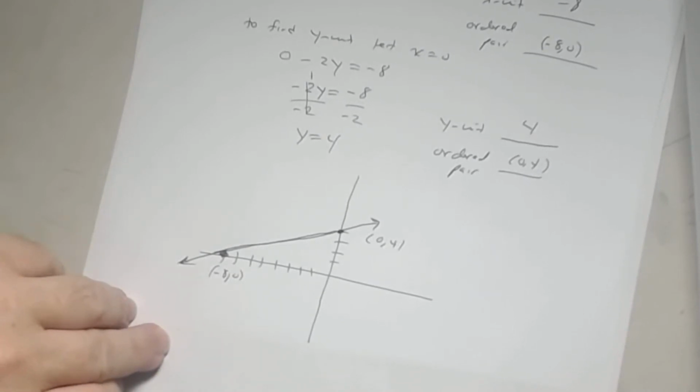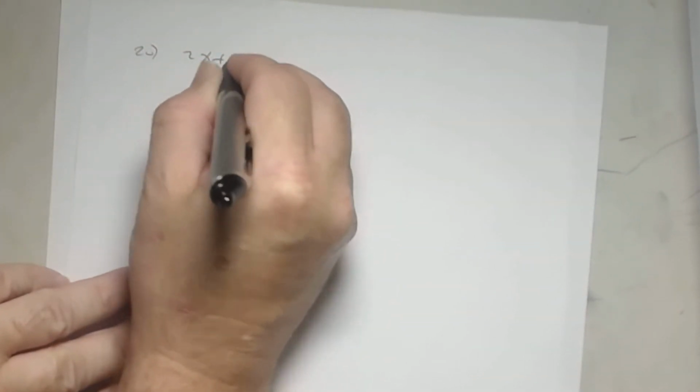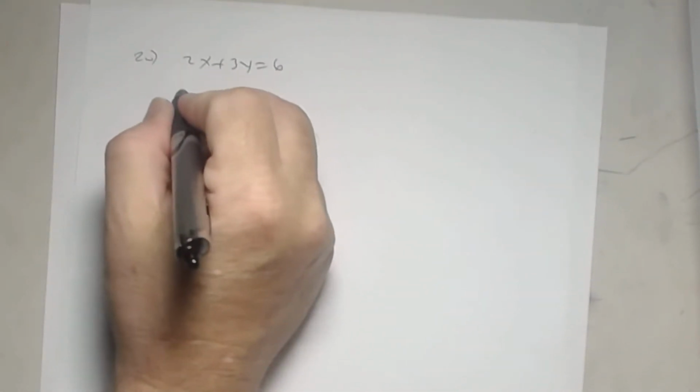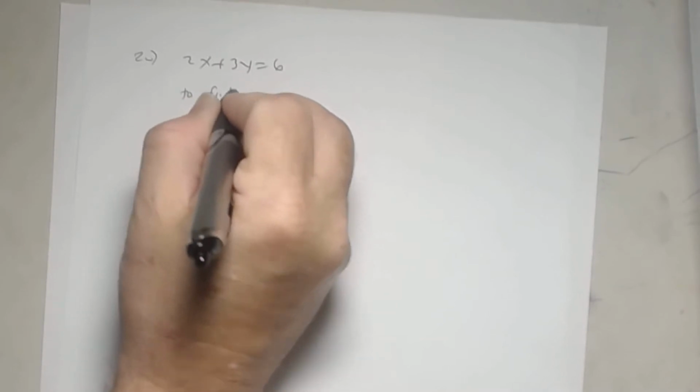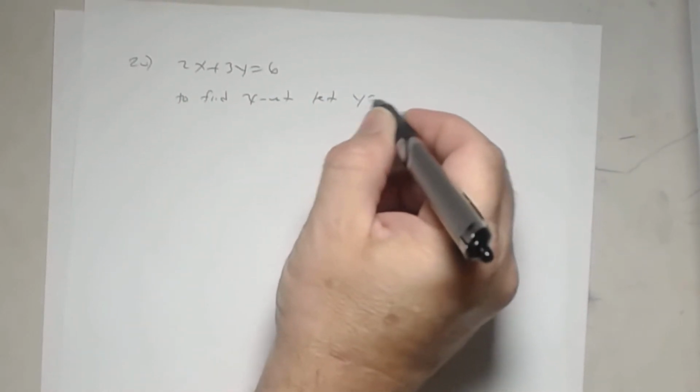All right, number 20. 2x plus 3y is equal to 6. To find the x-intercept, you're going to let y equal 0.